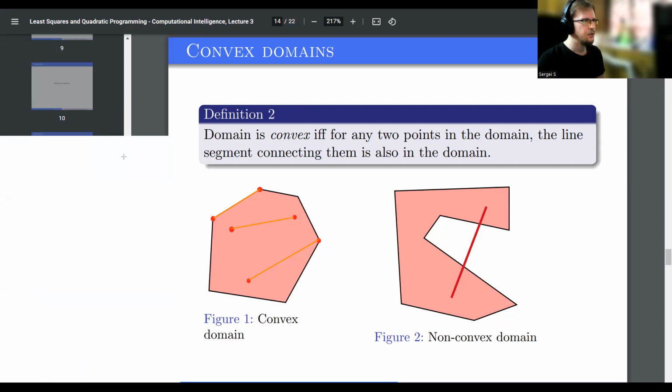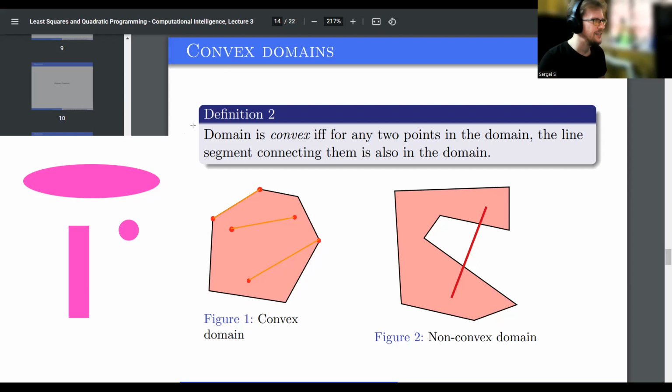For example, this is a convex shape. So an ellipsoid is convex, any 2 points would lie inside. Of course, something like this is convex, right? A circle, the disk is convex.